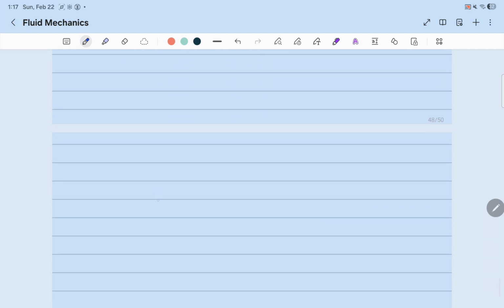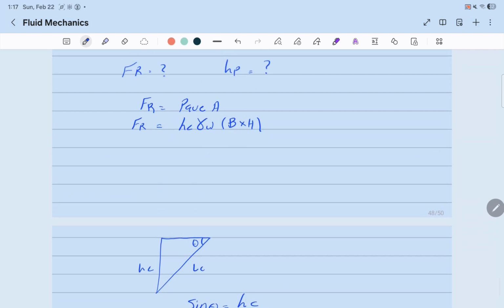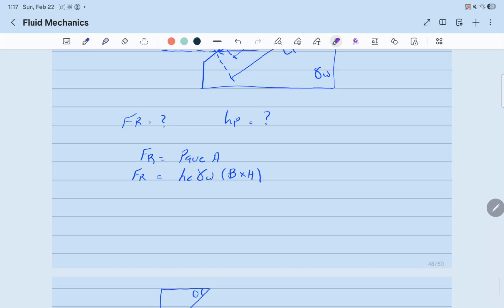This is HC, that's LC which is unknown, that's the surface of the fluid, and that is the given angle. Using geometry, sine theta equals HC, the depth from the centroid to the top level of the fluid, divided by LC. Therefore, LC equals HC divided by sine theta, and that's how you find LC. For the resultant force, HC is given, the specific weight of water is given, and the dimensions of the submerged plane are given, so you have found FR.